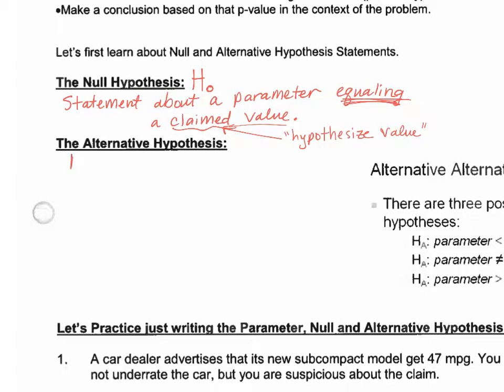So now, let's talk about the alternative hypothesis. This is notated H with the little a. Okay, so the null is the H with the little o, and the alternative is the H with the little a. So this is also a statement about the parameter. So let's start with that. It's a statement about a parameter.